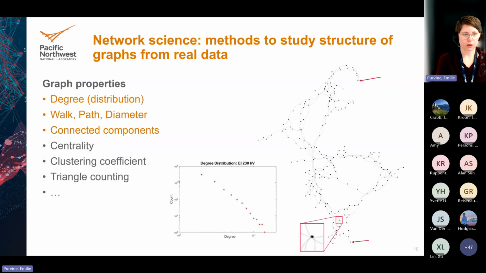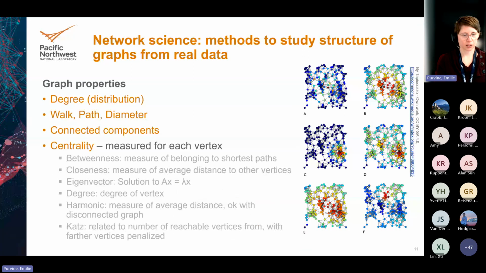Looking at the connected components, a connected component being a place where for every pair of vertices you can walk from one to the other by edges, and how many connected components you have could be of interest. Centrality, I'm not going to go over all of these.